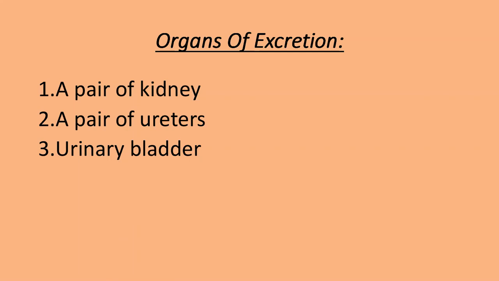In case of frog, a pair of kidneys, it means two kidneys, as I told you, reddish brown elongated structures. A pair of ureters, that means one ureter comes out from each kidney. Then the urinary bladder, which is a bag-like structure. For a short time, it stores urine and then it passes out from the body through the cloacal aperture or the cloacal opening.